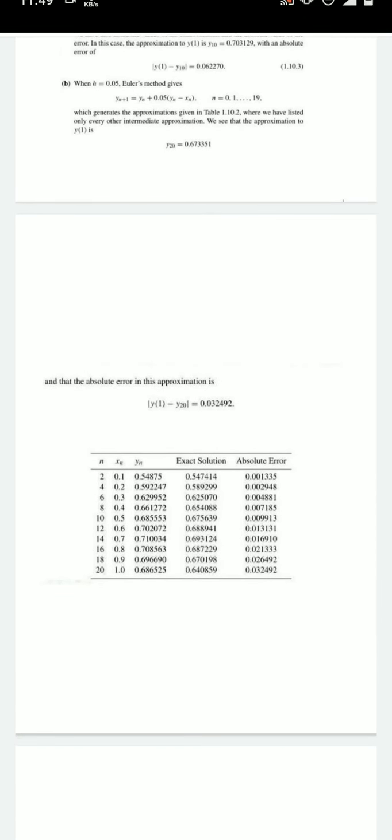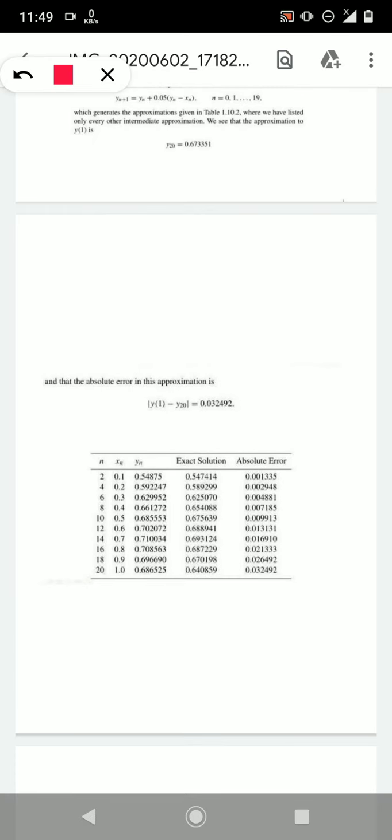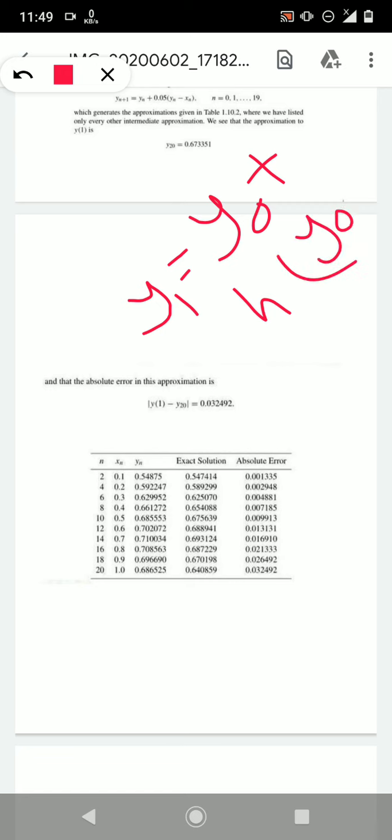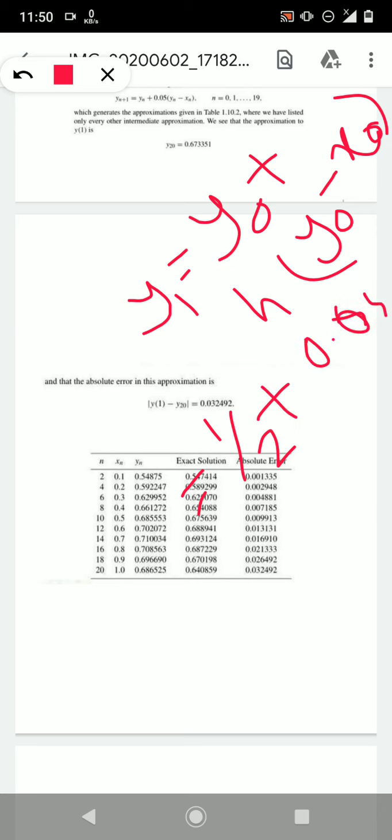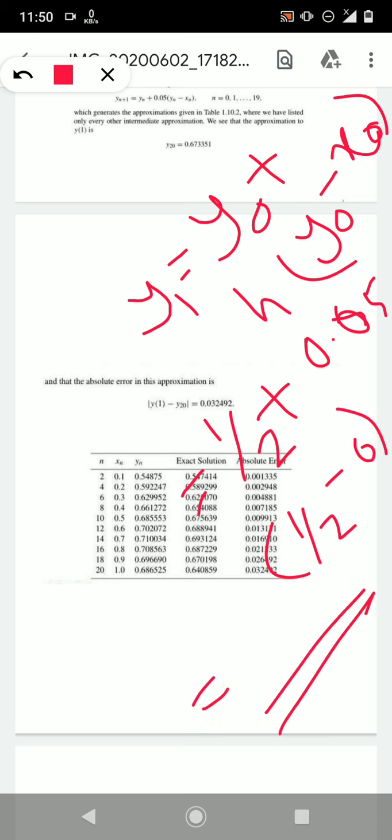So y1 is equal to y0 plus h into (y0 minus x0), which is 1 by 2 plus 0.05 into (1 by 2 minus 0), which is equal to 0.525.